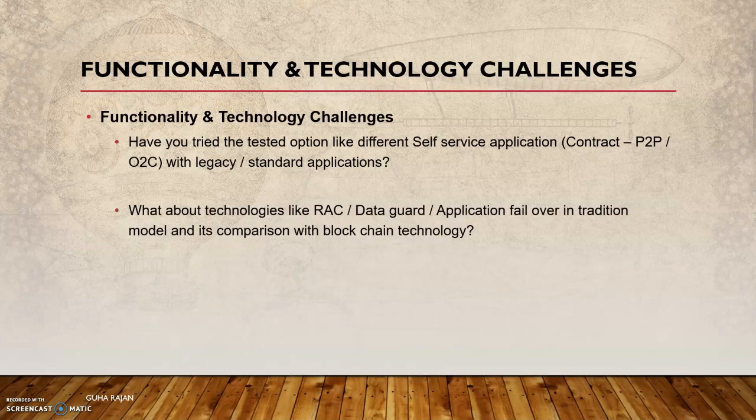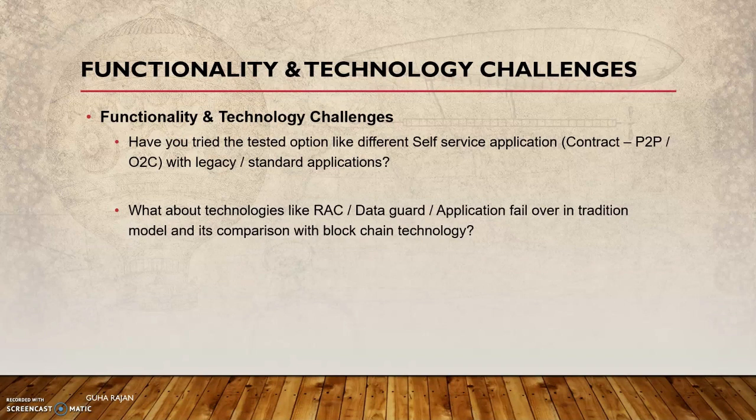Number two is technologies like RAC, Data Guard, and application failover, and again it's all available only in the last 10 to 15 years. Prior to that, these were not available. Now these make ERP applications, or any kind of application which uses a database, much more robust.